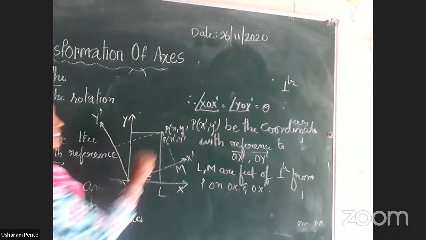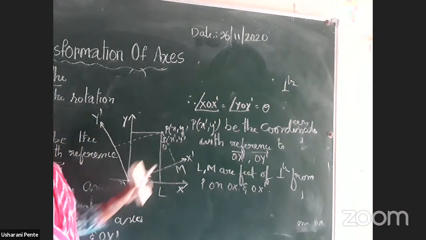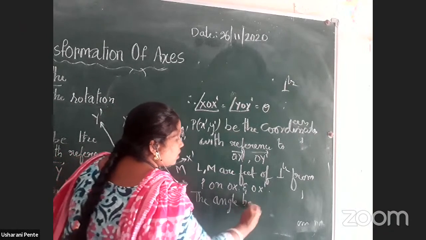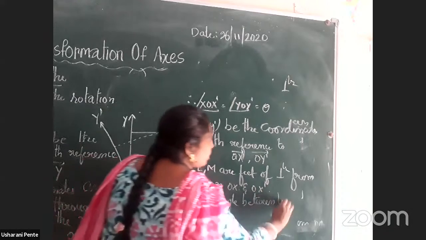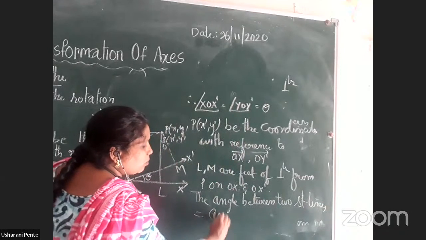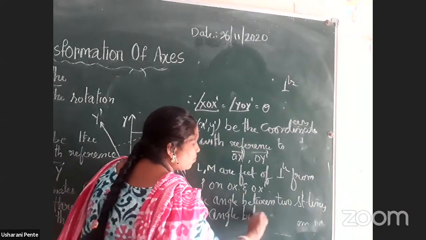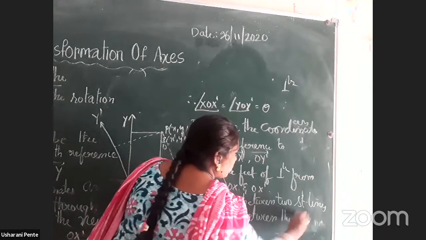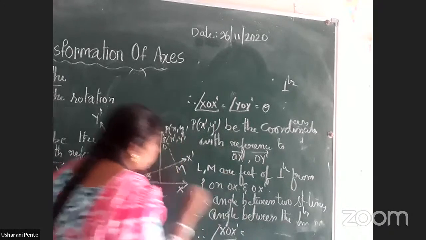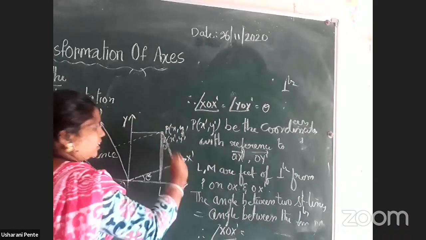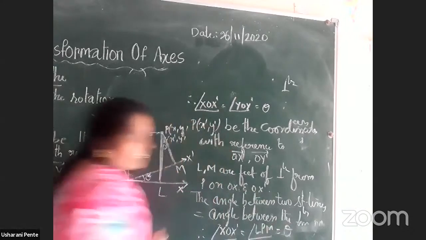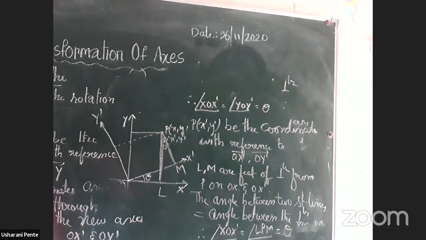Then what about the angles? The angle between two straight lines is equal to the angle between the perpendiculars. Therefore, angle XOX dash is equal to angle LPM, which is equal to theta.